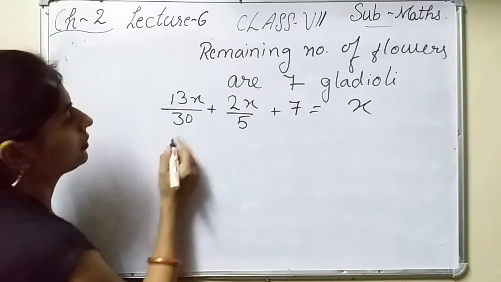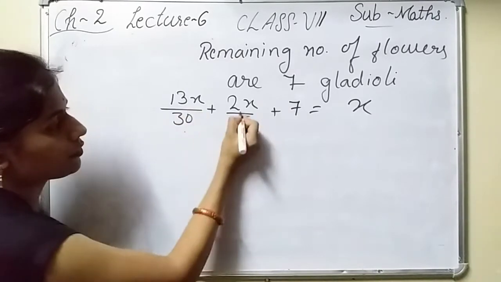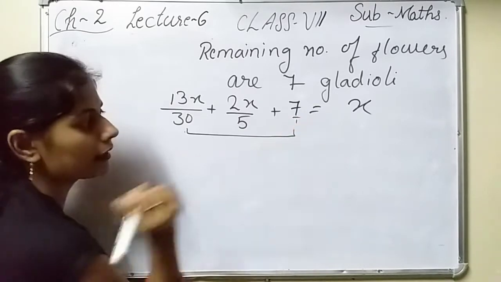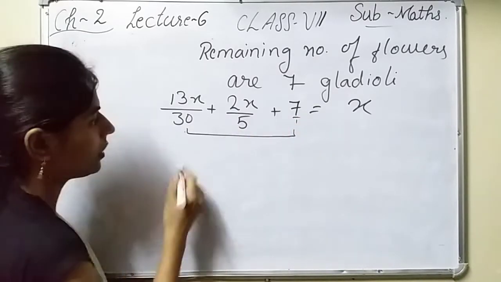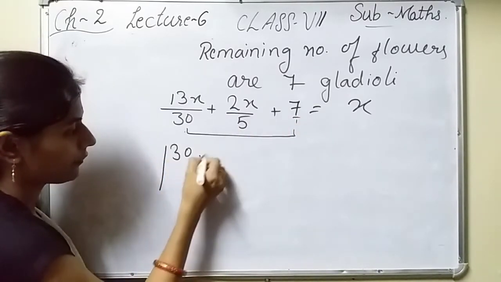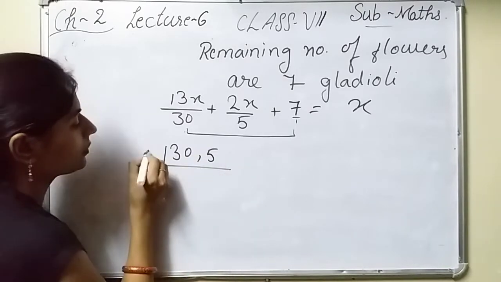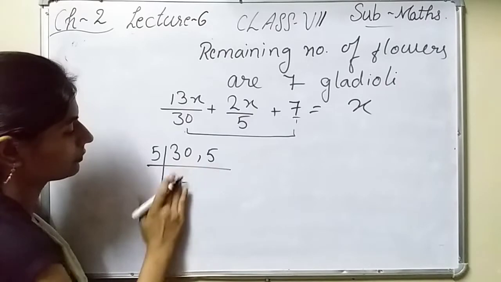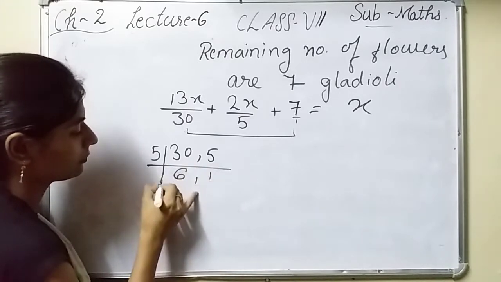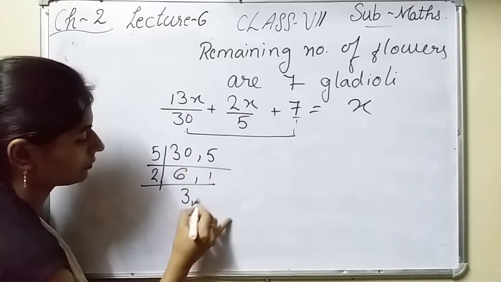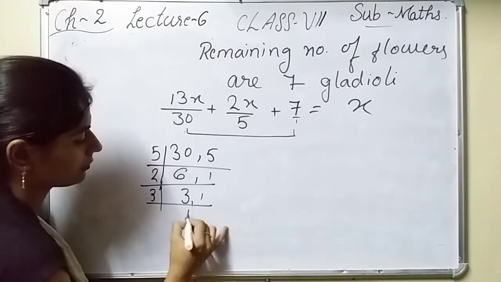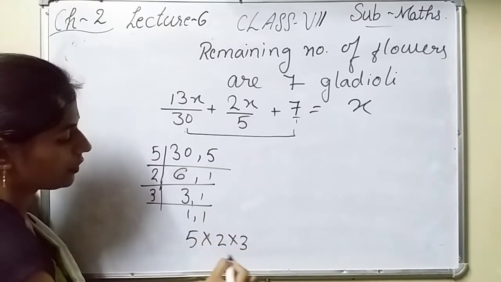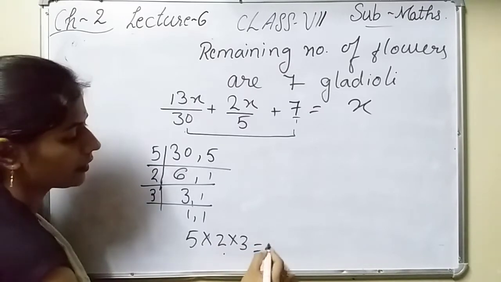Now see, 13x by 30 plus 2x by 5 plus 7. First of all, take the LCM. The LCM is 5 into 2 into 3, 3 twos are 6, 6 fives are 30.